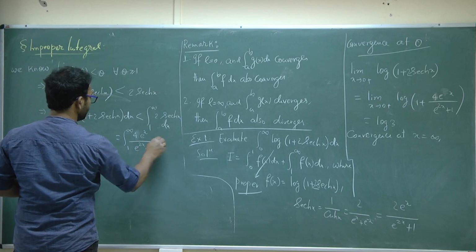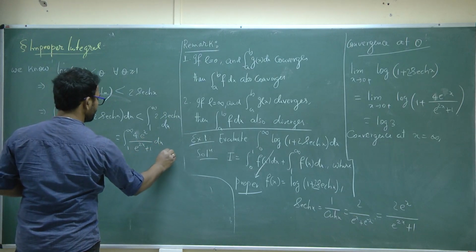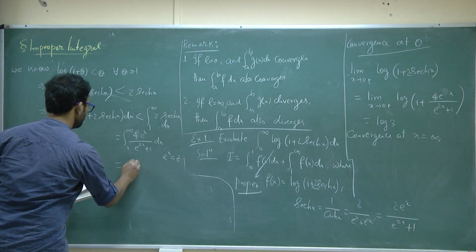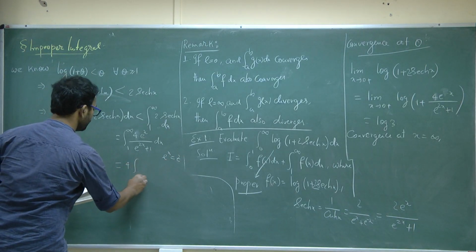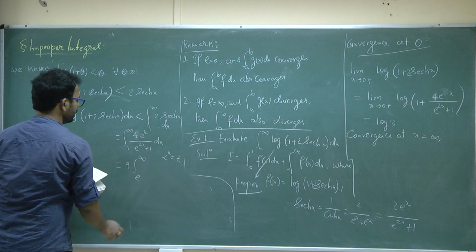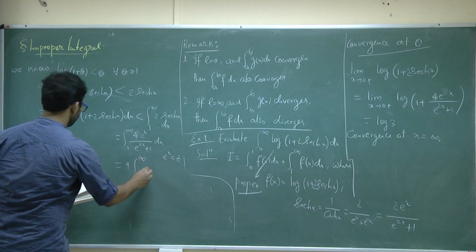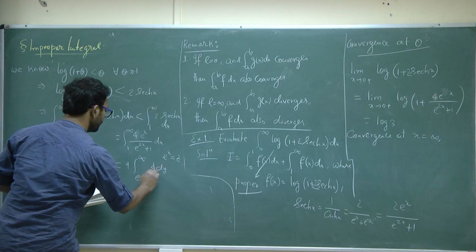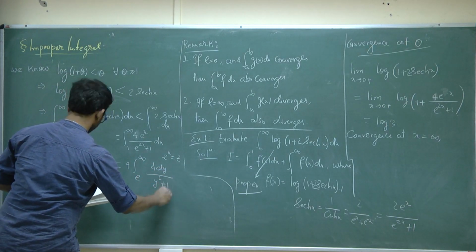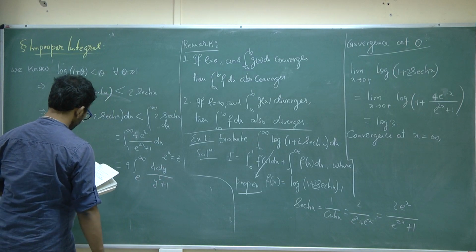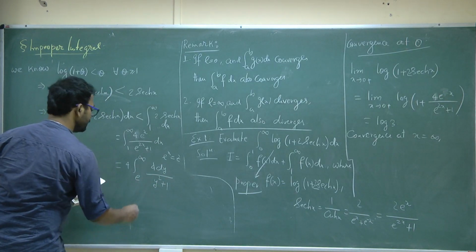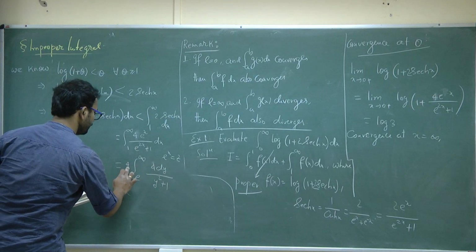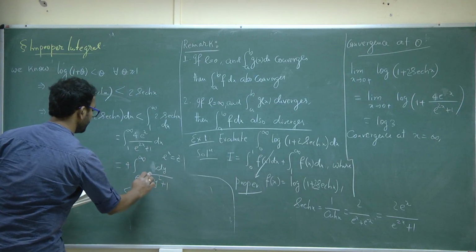Now if I substitute e to the power x equals some y, then this one will reduce to 4 times integral from e to infinity. So when x is infinity, y is infinity. So this will be 4 dy over y square plus 1, and this is less than, I have already written a 4 here, so there is no point writing 4 here.